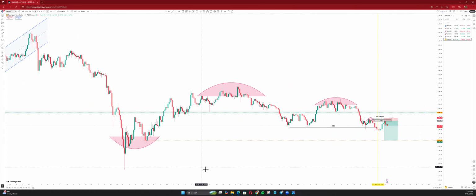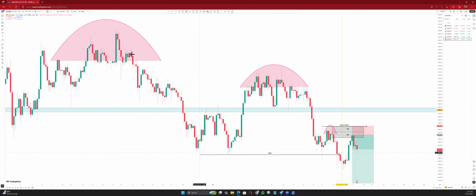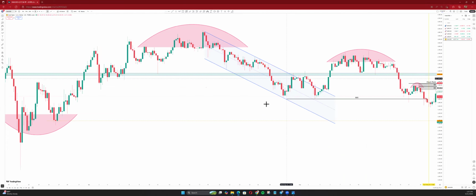Okay, so we'll look at this point as our downtrend. Yeah, this is our downtrend. Okay, so now let's start with the downtrend.